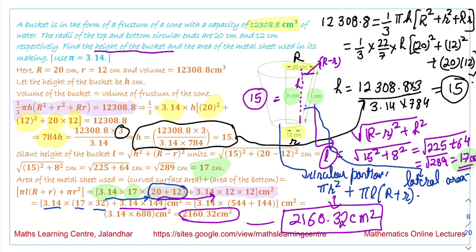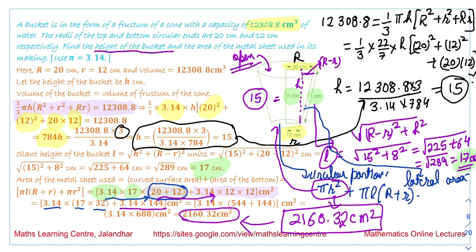So you can multiply these values to obtain this answer, and this is the area of the metal sheet to be used. We have considered only one circle over here, this bottom part, because it is a bucket and it is open from the upper side.